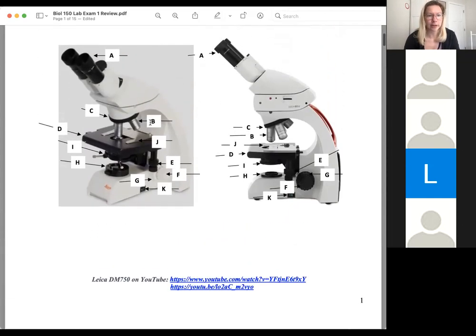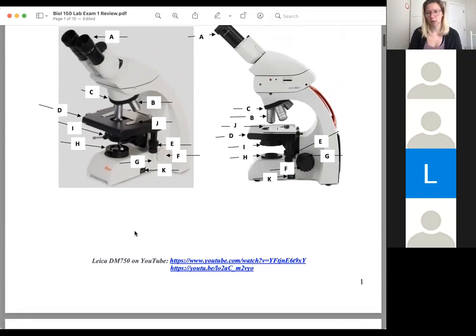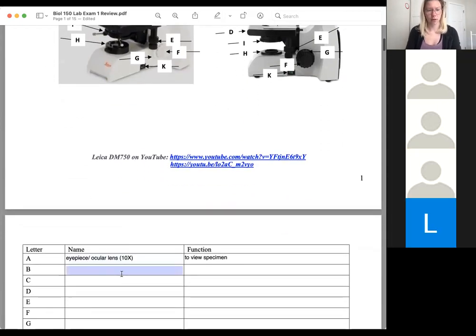And the other type of lenses are indicated here in B. So what do we call these ones? Objective lenses. Correct. Thank you very much. Yeah, that's the objective lens or objective lenses. And so some microscopes have three, some have four different magnifications there.